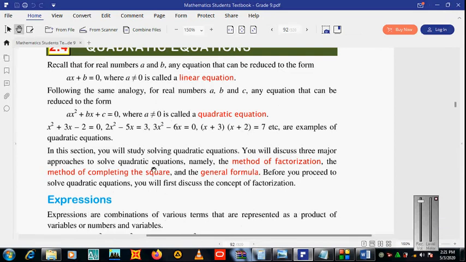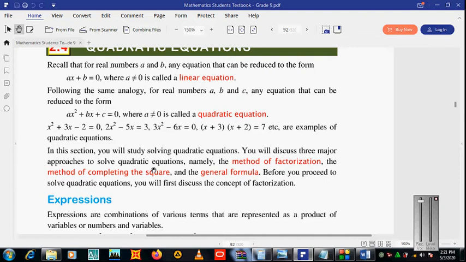In a quadratic equation, the maximum number of solutions is 2. A quadratic equation has 2 solutions, 1 solution, or no solution. This we will discuss after some topics.